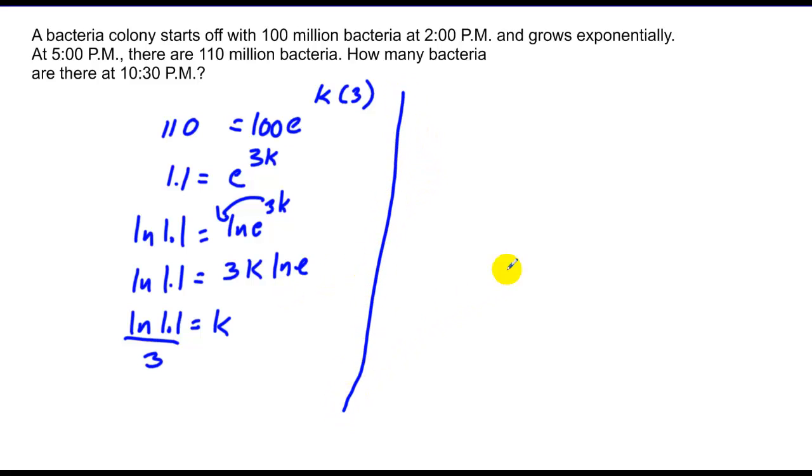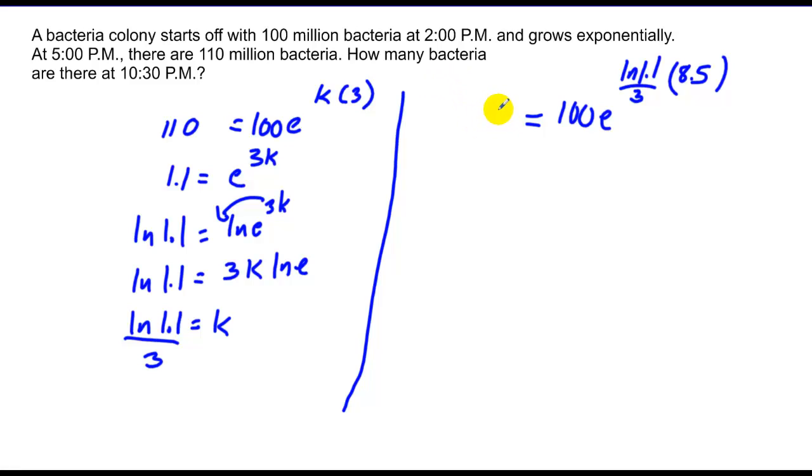In the second equation, we wanted to know how many bacteria there are if I start with 100 at 2 p.m. and go till 10:30 p.m. So that's 8.5 hours, and I have a k value now. So I have a k value of ln 1.1 over 3 times 8.5, from 2 o'clock to 10:30 is 8.5.